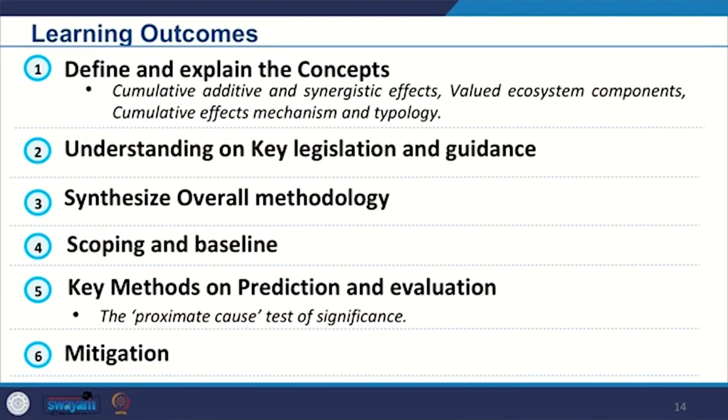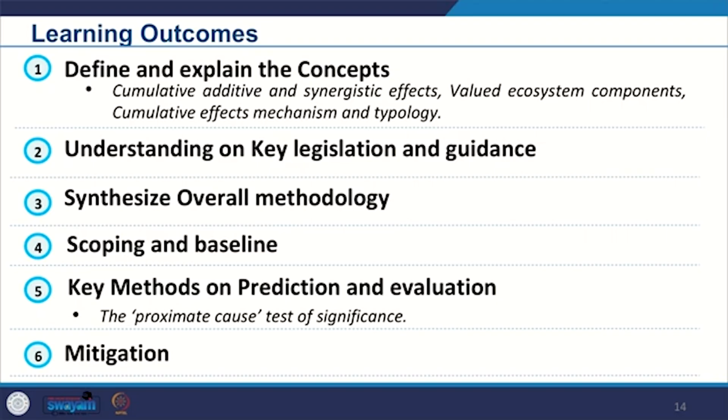Accordingly, the expected learning outcome is that you should be able to define and explain certain concepts related to cumulative impact assessment, like additive or synergetic effects and so on. Further, you should be able to explain key legislation and guidance and the context at this moment.